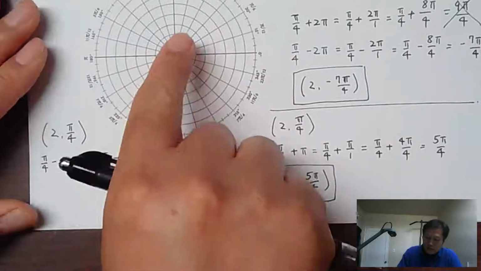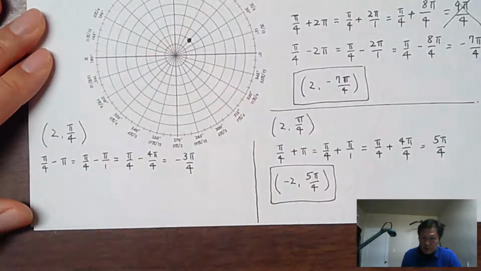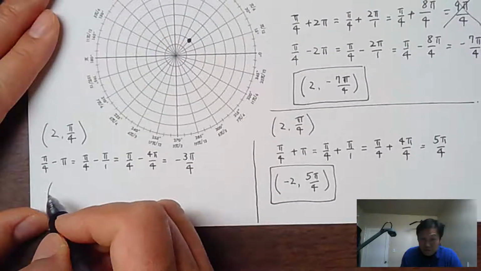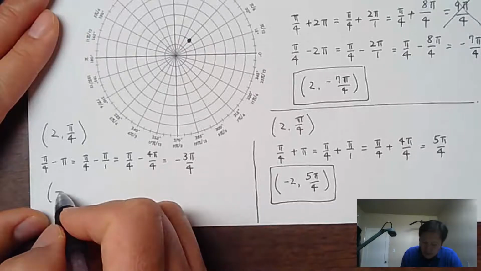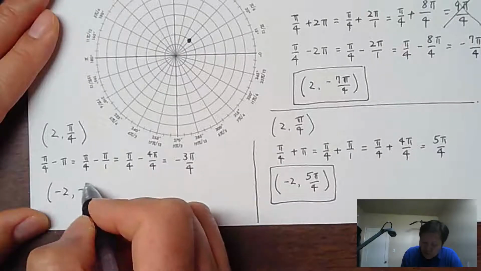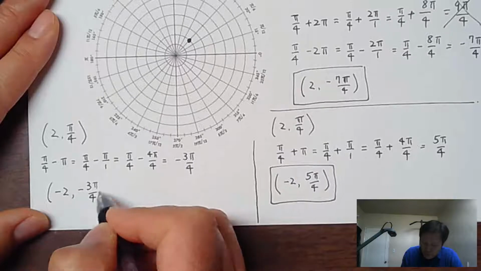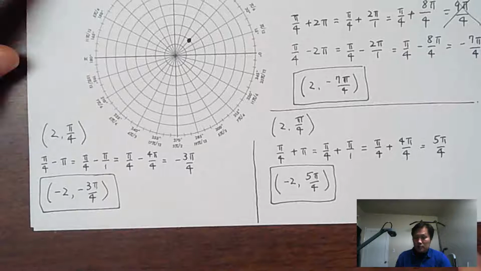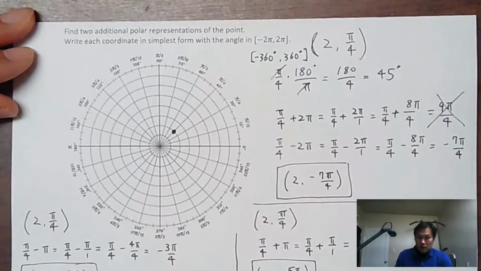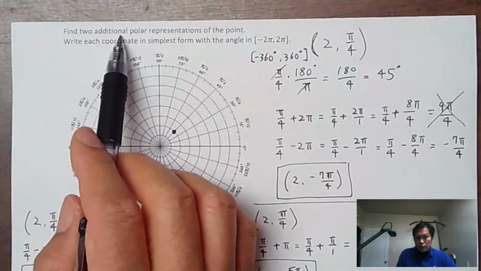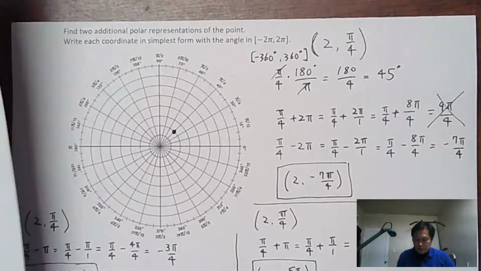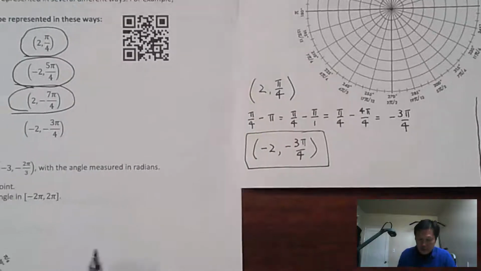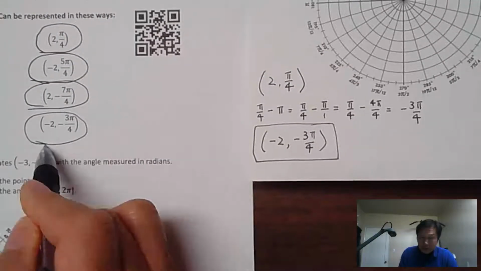That's still pointing in the opposite direction, so the radius should be the opposite radius. So it should be minus 2 comma minus 3 pi fourth. That could also be a good answer. We are asking you to do 2 additional, so you don't have to come up with the 3, but I just want to show you, because on the handout we say that's also a possible answer.